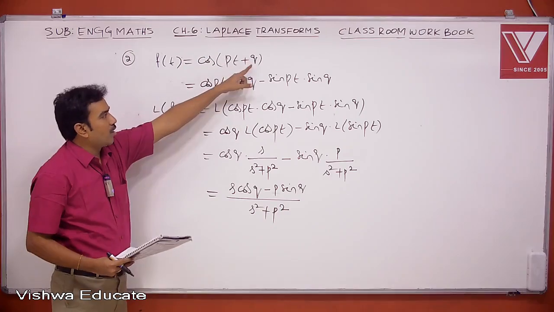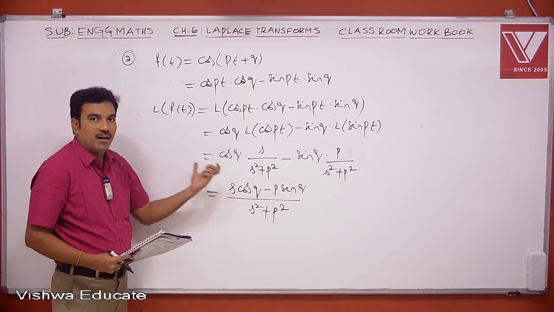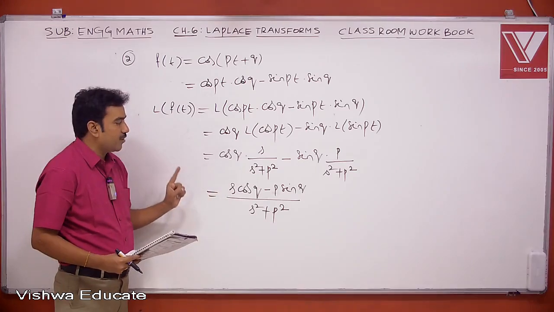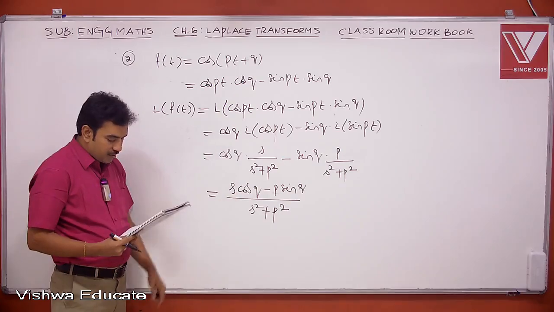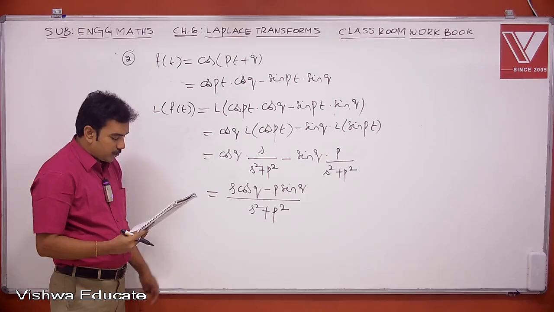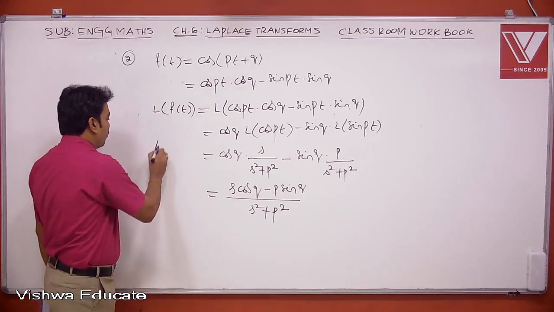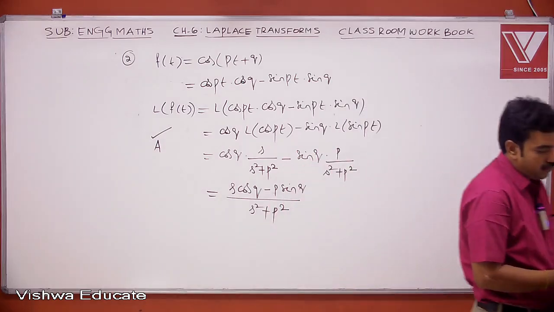Here p and q are constants, t is a variable. So we have applied the linear property and then the Laplace transforms of cos pt and sin pt. So we get s cos q minus p sin q by s square plus p square. So option A is the right answer.